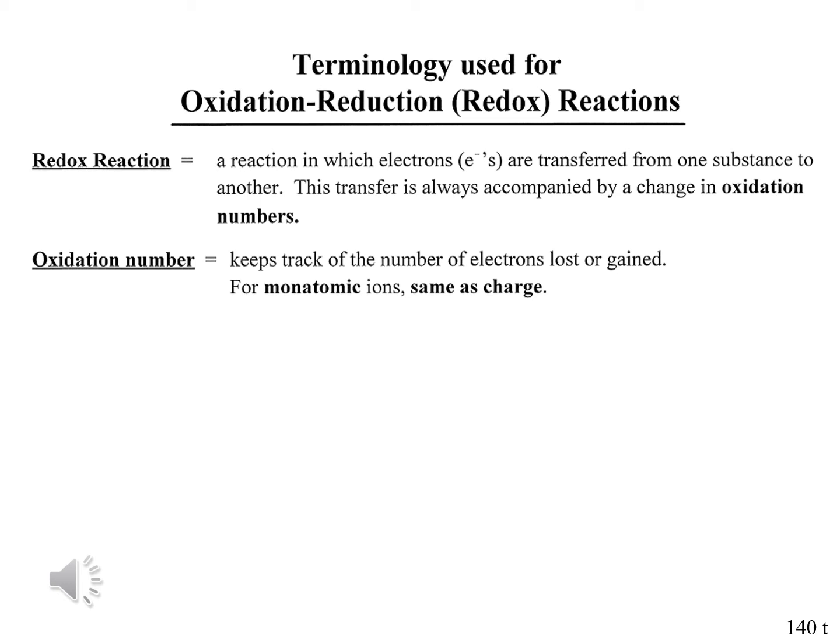And I just am not that picky because of one simple reason. I don't get it. I do not understand what they're talking about. So if I don't get it, you don't have to get it. We're going to call charge and oxidation number the same thing for monatomic ions.